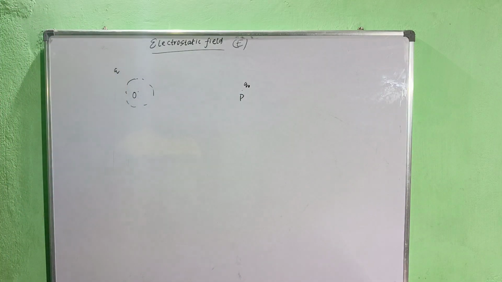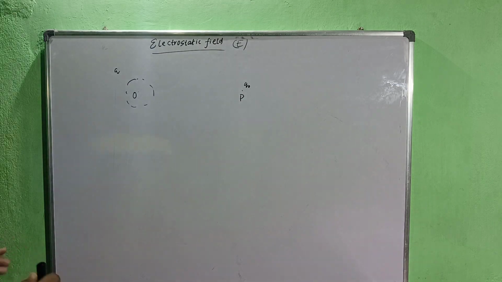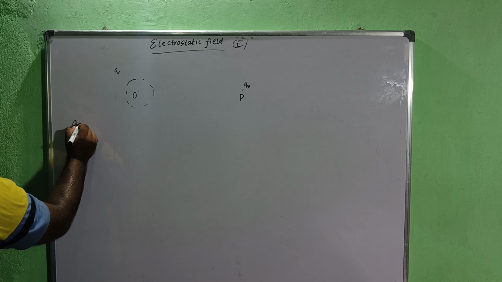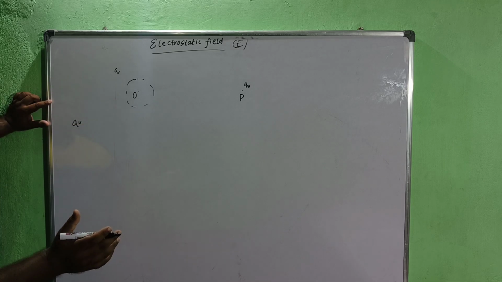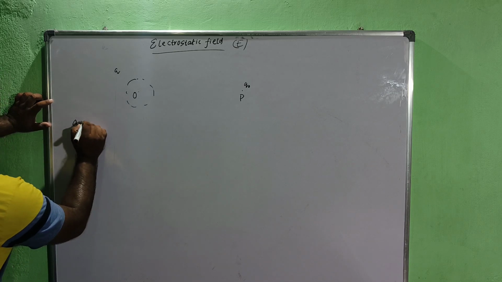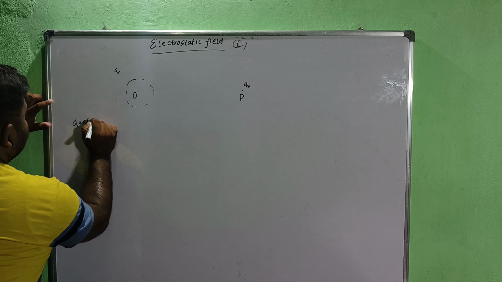So qualitatively, we can define electric field. Let us write the definition here. The qualitative definition, and then we are going to introduce the mathematical definition. What is the qualitative definition?